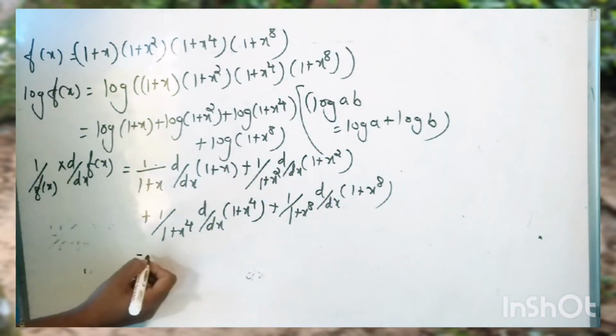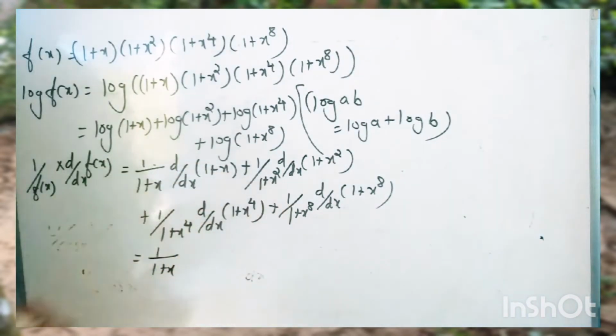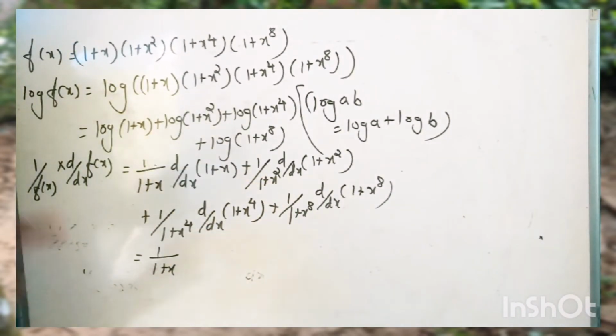And this is equal to 1 by 1 plus x, the derivative of 1 is 0 and the derivative of x is 1.